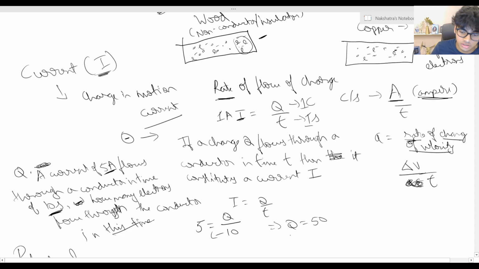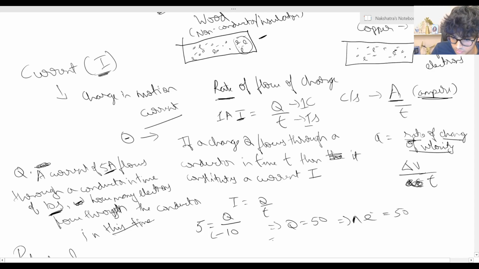But now how do we get the number of electrons? We know that Q is equal to N into the charge of an electron, where N is the number of electrons in deficit or in excess. So here Ne is equal to 50.